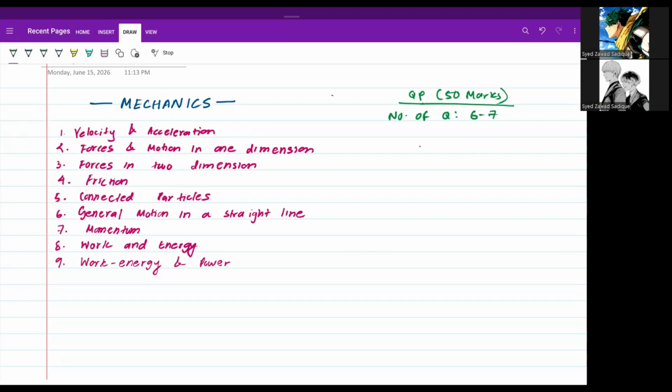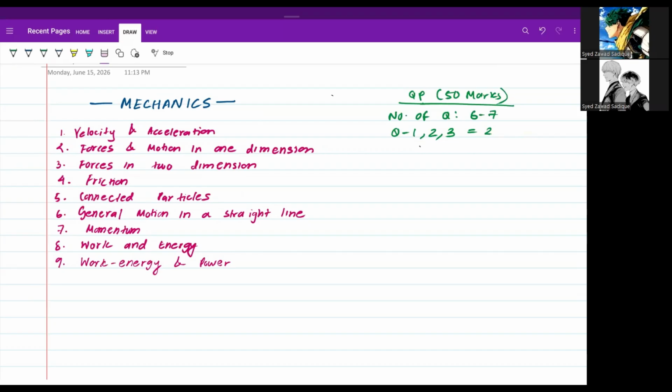In the first 3 questions, usually question 1, 2, and 3 are ones where they'll give you easy marks. Questions 1, 2, 3 equal 20 to 25 marks.